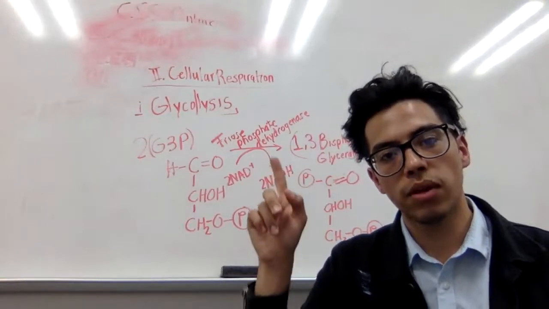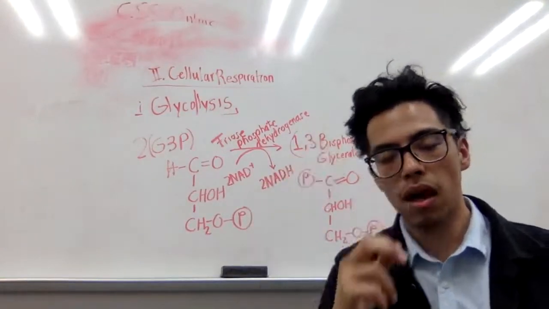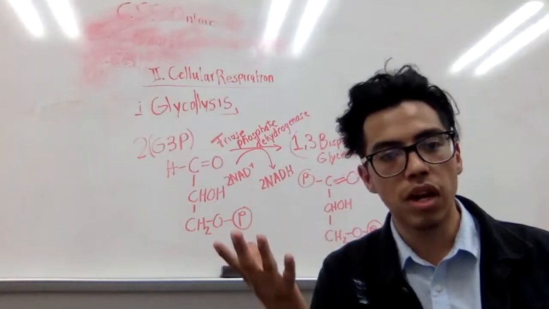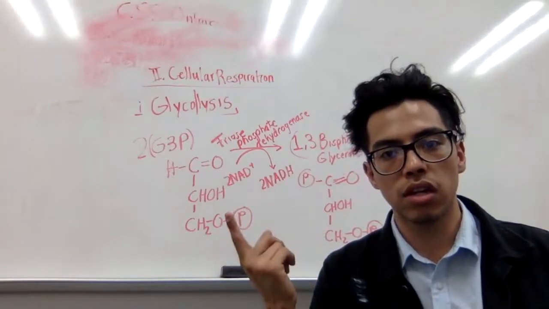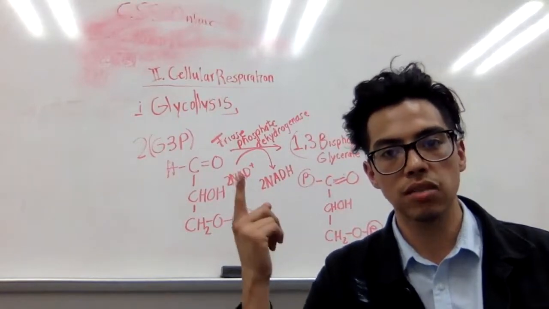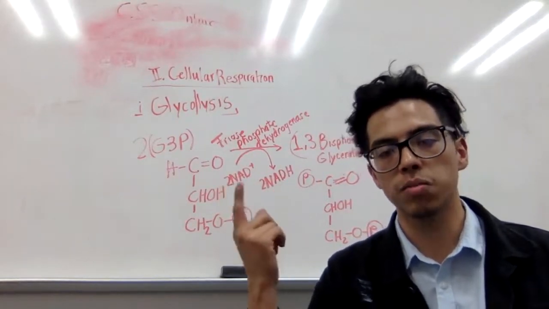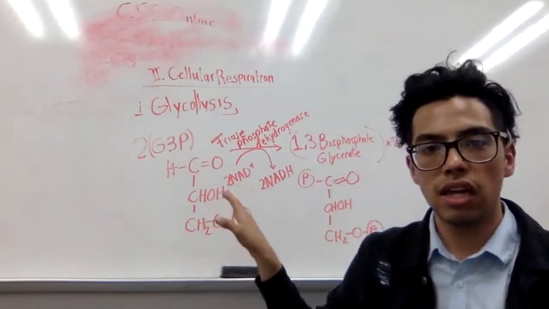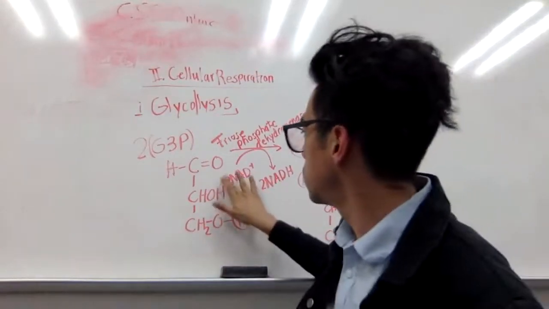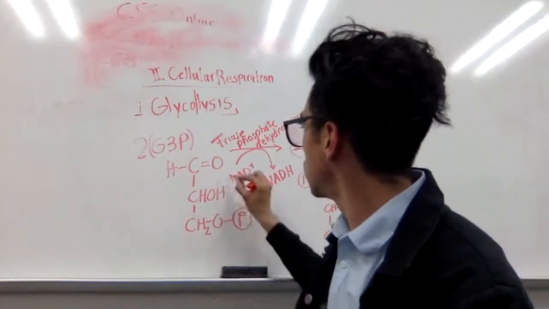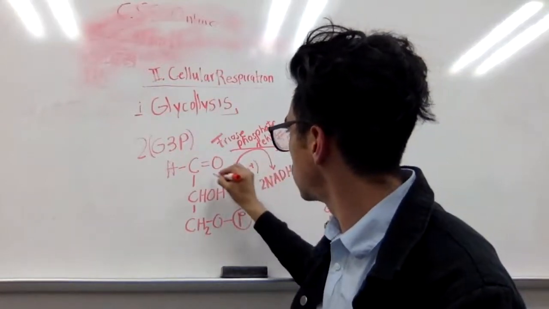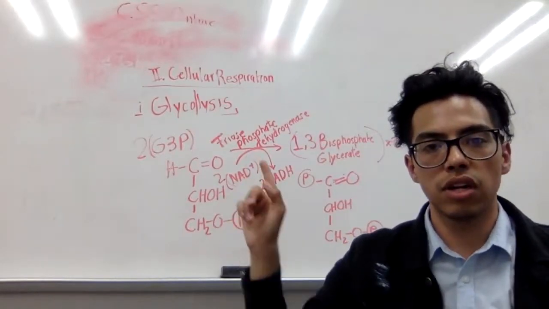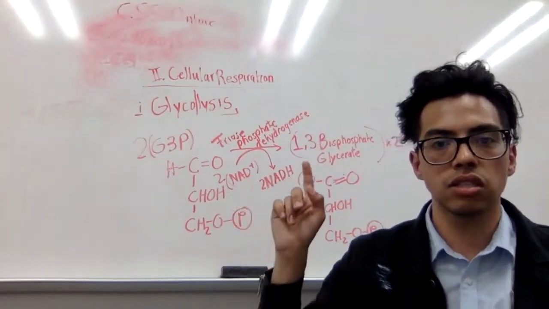And so when you see dehydrogenase, that's when you're talking about redox reactions. In this one, you can tell it's a redox reaction because of what's involved. If you look at this right here, you see that there's NAD plus being used, 2 molecules of NAD plus, and it's being converted to NADH.